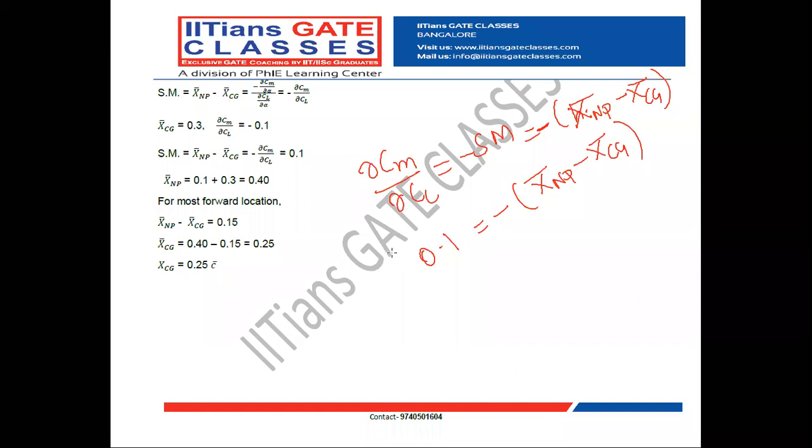When I substitute x bar CG equal to 0.3, I get the x_np location as 0.4. So the neutral point location we have calculated. What is that neutral point location?